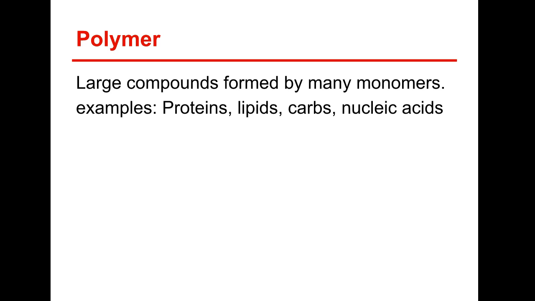Polymers are large compounds formed by many monomers put together. And examples are our four macromolecules: proteins, lipids, carbs, nucleic acids. Memorize those right now, okay? I'll say it again. Memorize all four: proteins, lipids, carbs, nucleic acids. You'll need to know all four of those.